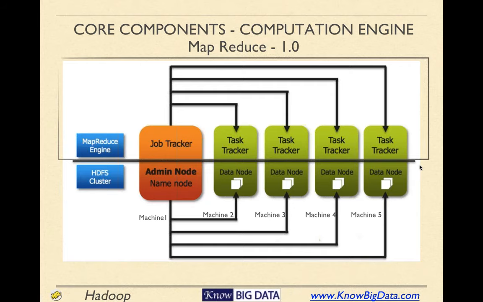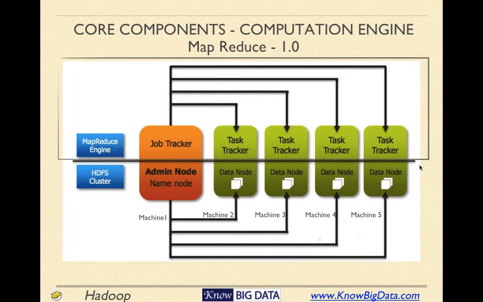If you want to get something done, you ask job tracker to do things, and job tracker will assign the work to the task trackers. Task trackers will finish their work, and once they're done, they will store their output in HDFS.